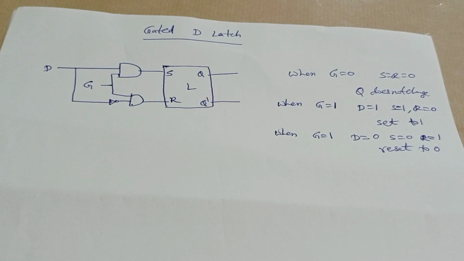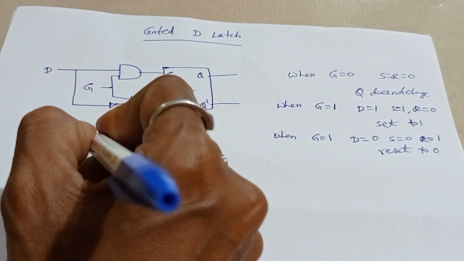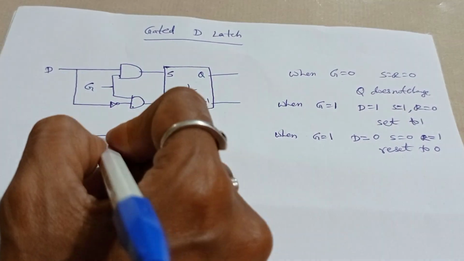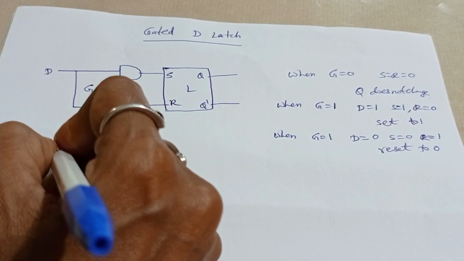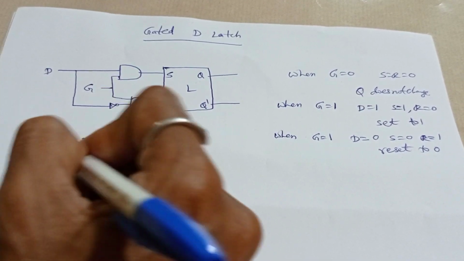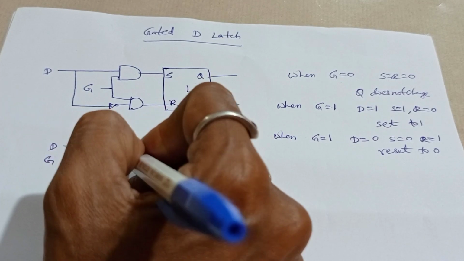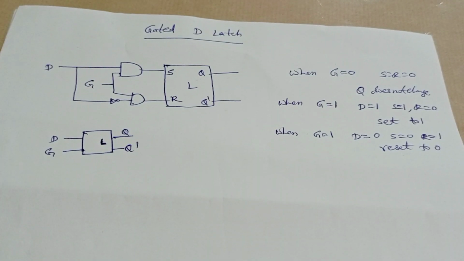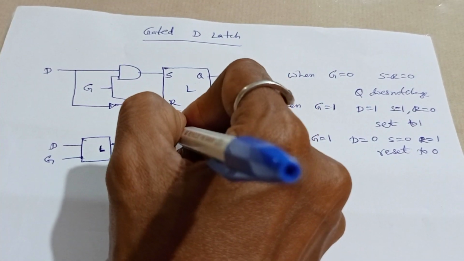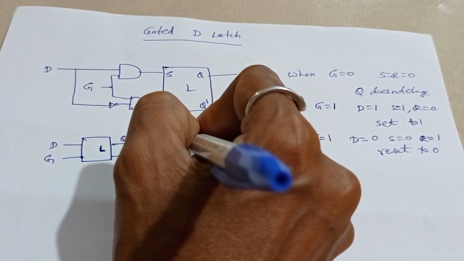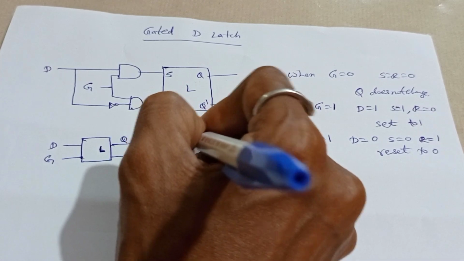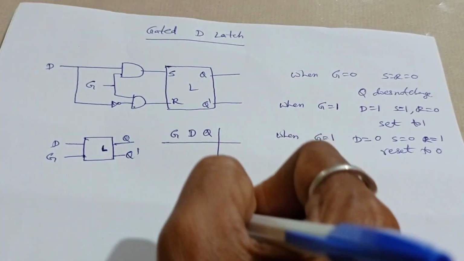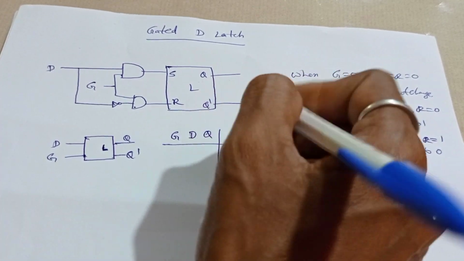Now we'll see the truth table for this. The latch has one input D and the other input G, and outputs Q and Q bar. Take the inputs G, D, Q is the output and Q plus is the next state.